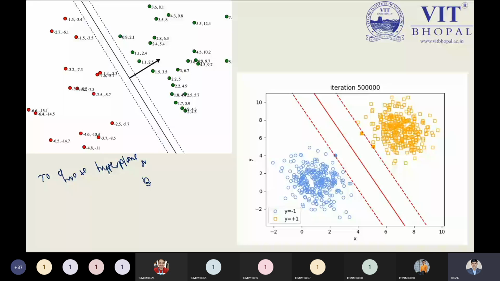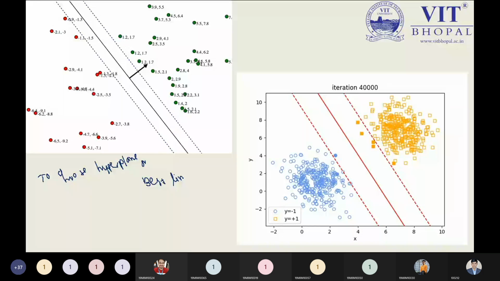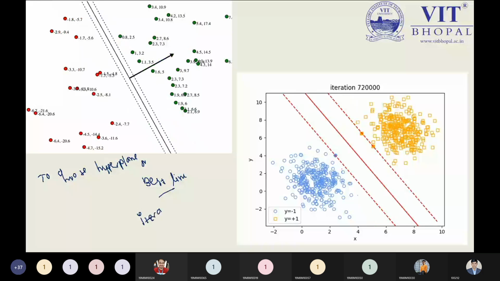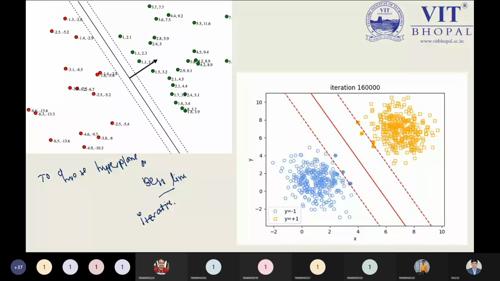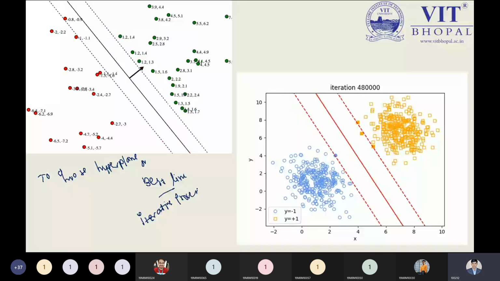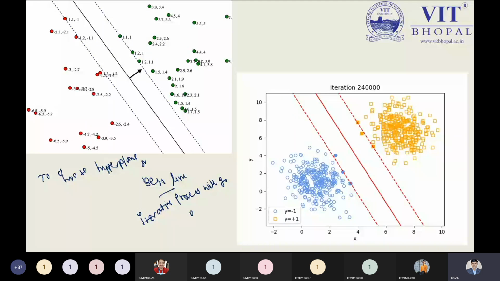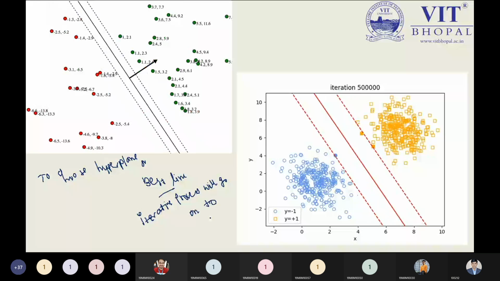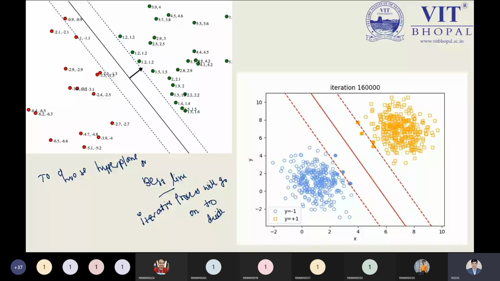The iterative process will go on to decide the best line.